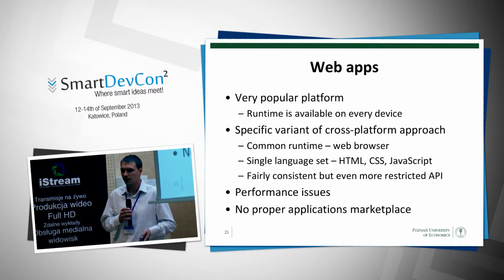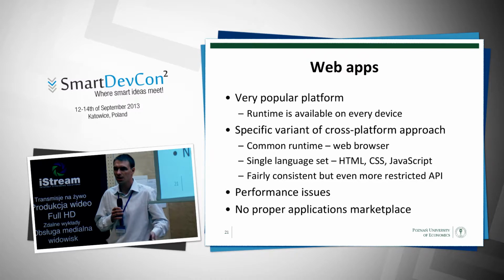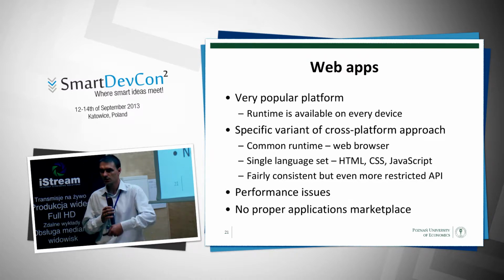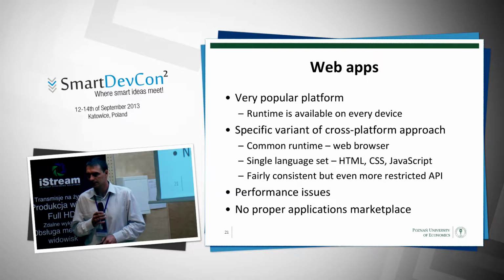You have a common runtime, which is the web browser. You have a single language set, which is HTML, CSS, and JavaScript. And you have an API provided by the web browser or the web runtime, which is fairly consistent within the specific set of runtimes, but it's again quite limited.